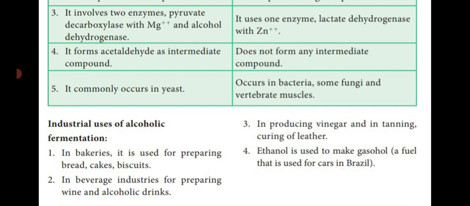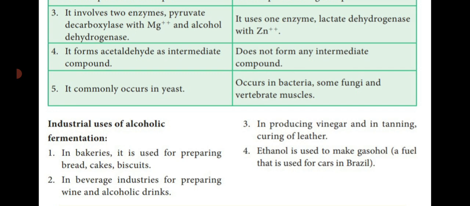So in leather process, the hard material of the leather product is converted into soft one to make different materials like slipper, bag, purse, suitcase, like that. That process is called tanning and curing method of leather.